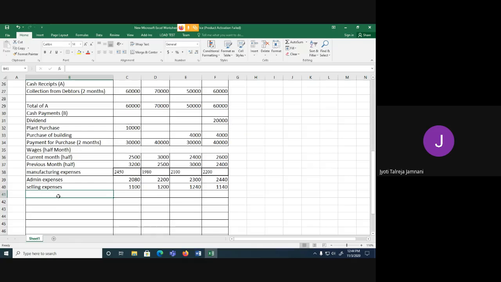Then total of B, cash payments. So we need to add all the expenses.